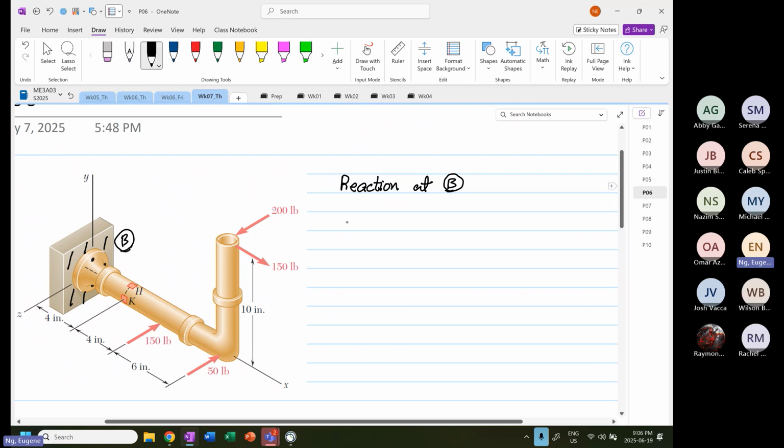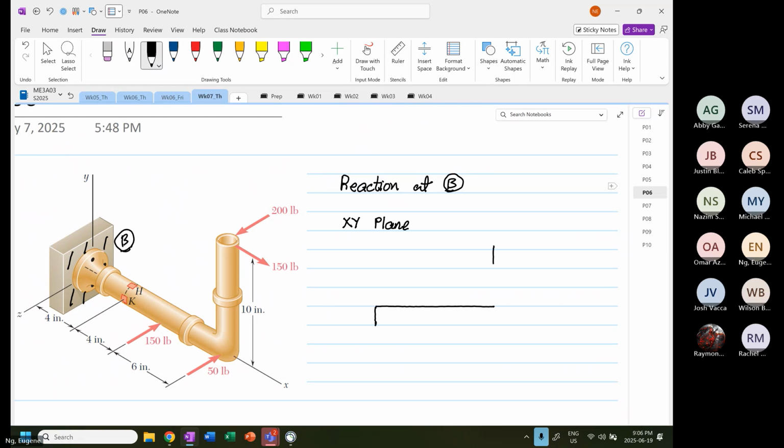Now if we look at the XY plane, I'm just going to sketch this out.